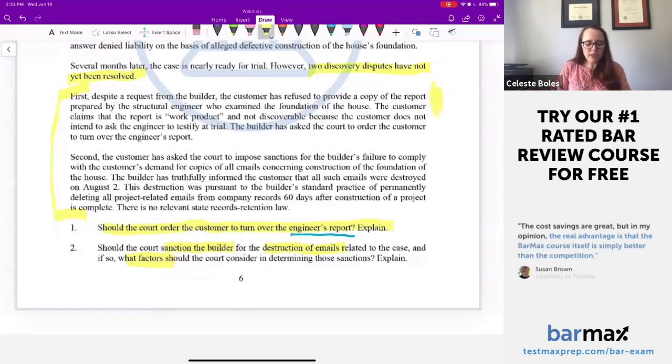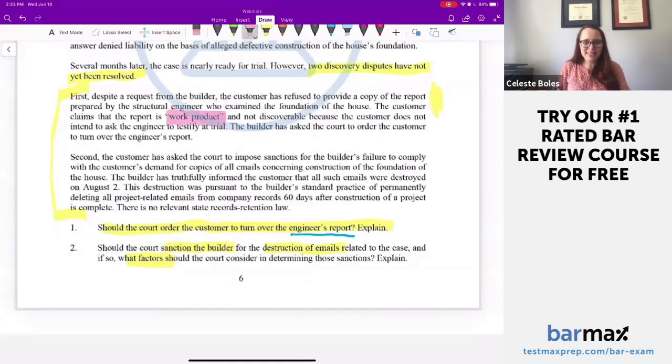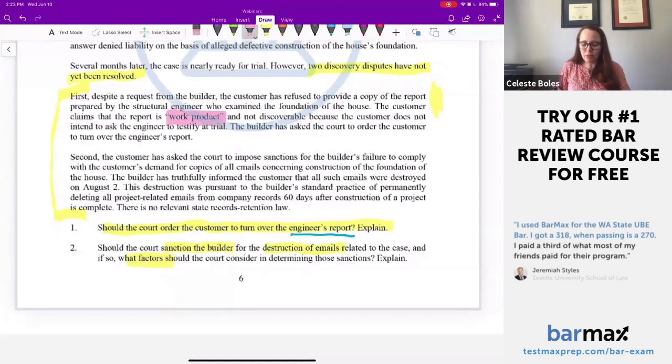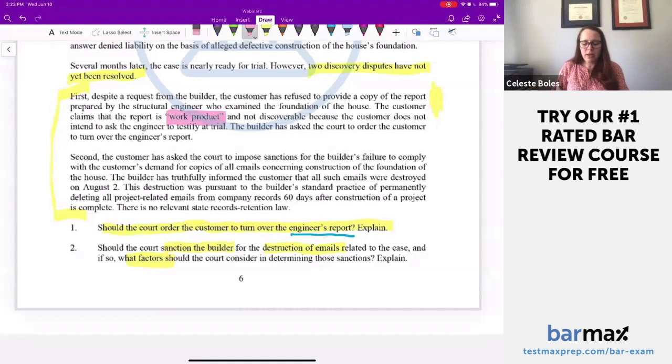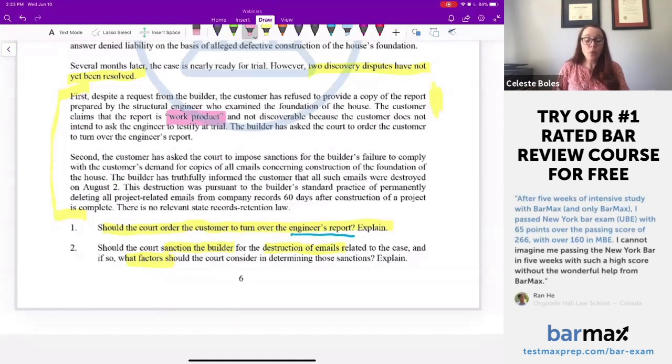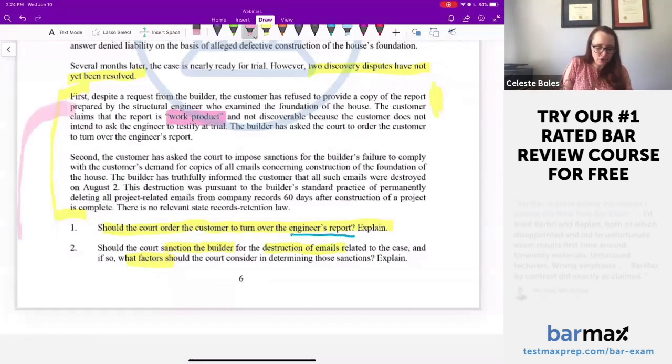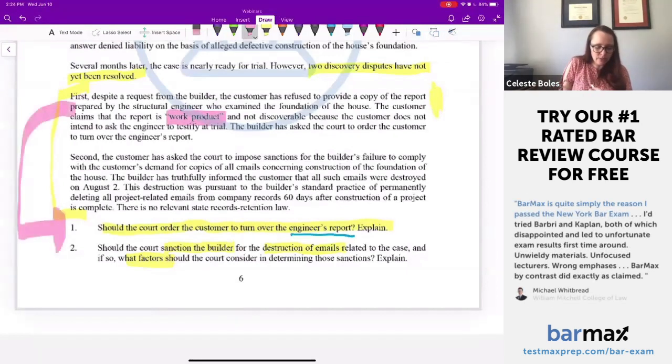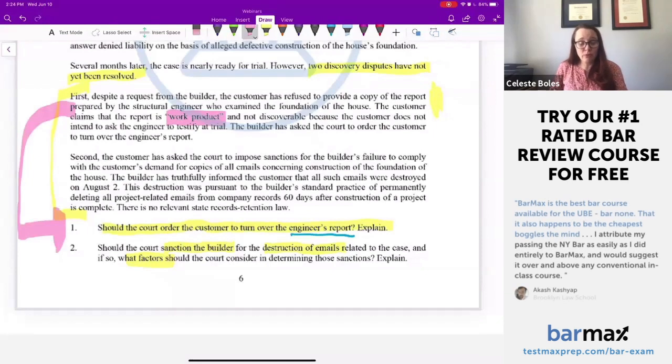The customer claims that the report is work product and not discoverable because the customer does not intend the engineer to testify at trial. The builder has asked the court to order the customer to turn over the engineer's report. Okay, so this is the motion that goes with question 1, that is a very fat arrow, but you follow.